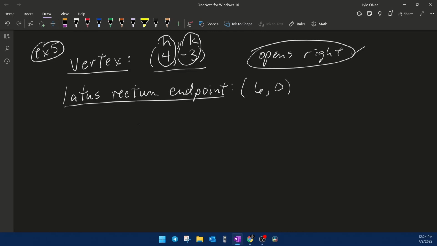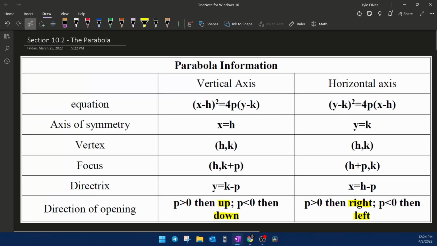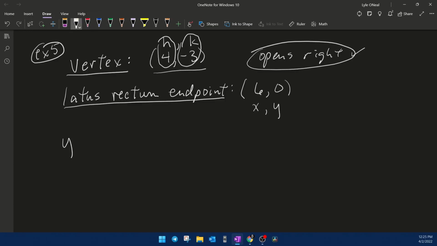So if you remember, the latus rectum endpoint is just going to be a point on the graph, and so I'm going to say that that's just a generic (x, y), but it is on the parabola. And what do we know from our information sheet? Well, if the parabola opens right, then we know that our standard form is going to be this formula here. So the next thing to do is to write down the standard form of the equation of our parabola. (y - k)^2 = 4p(x - h), and we have enough information to substitute and solve for p.